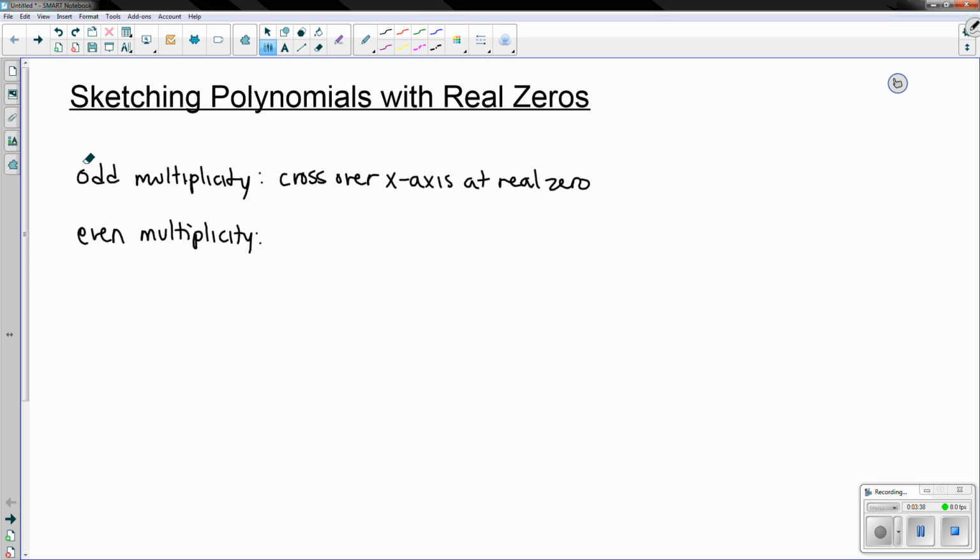Even multiplicity means we're going to bounce off the x-axis at that real 0. Now, what's important to distinguish is this odd and even is in reference to the multiplicity value, not the real 0 itself.